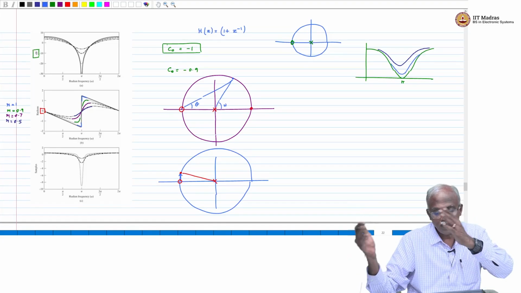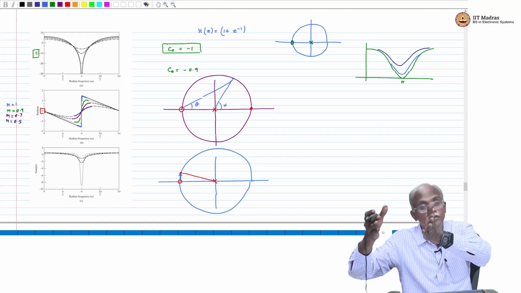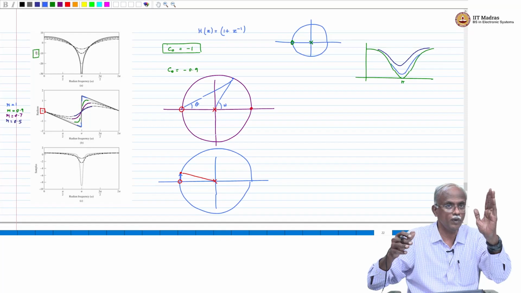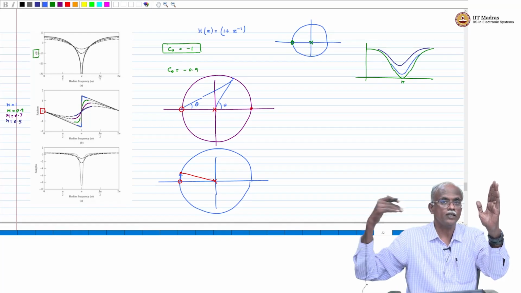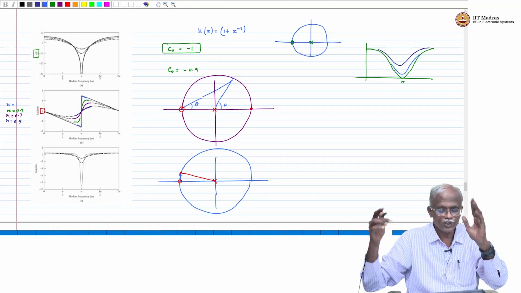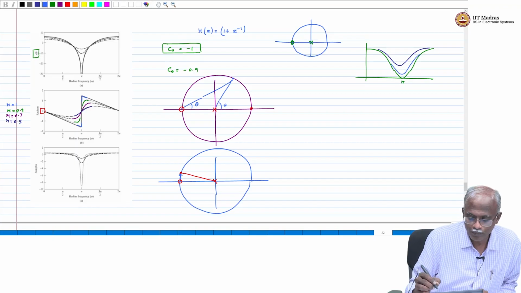So the angle is the contribution of the 0, 90 degrees, minus the contribution of the pole, 180 degrees. So 90 minus 180, you will start to approach minus pi. Basically you are going to be touching minus pi.